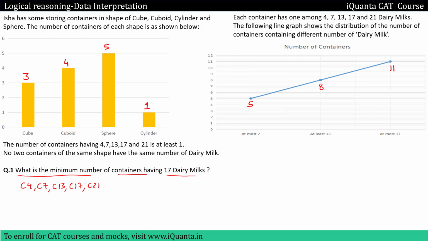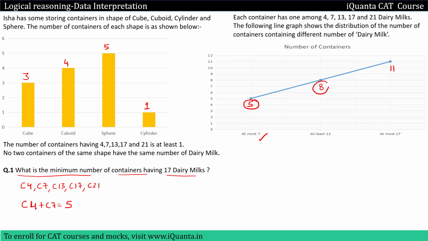So if we read the line graph over here, we were given that at most 7 dairy milks, I'll call dairy milk as chocolates, in 5 containers. So at most 7 means all those containers that have either 4 or 7 dairy milks. So we can say that C4 plus C7 will be equal to 5. This is one equation that we'll get.